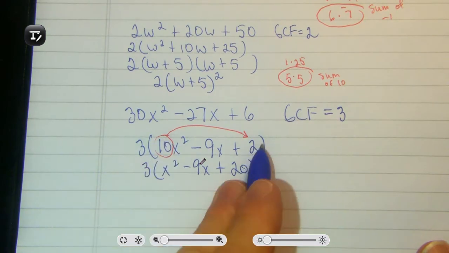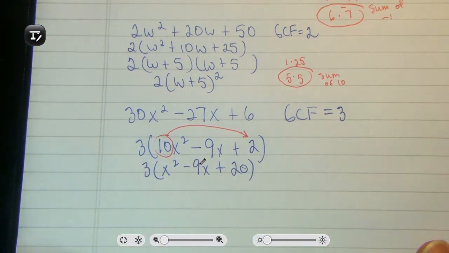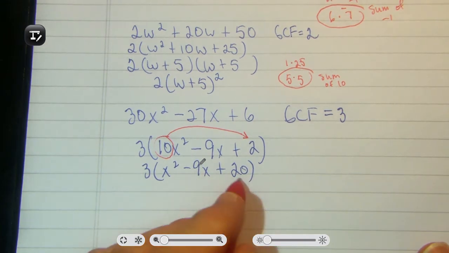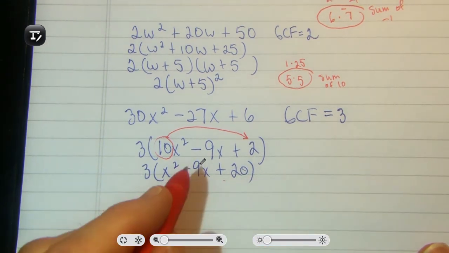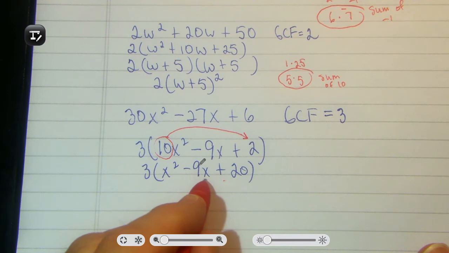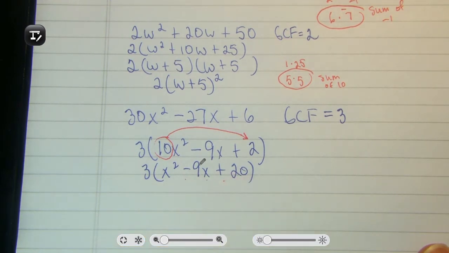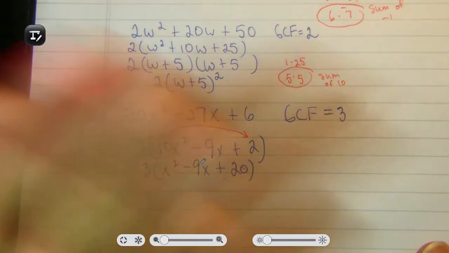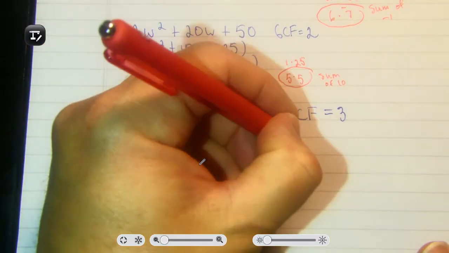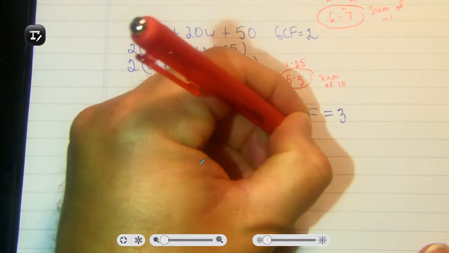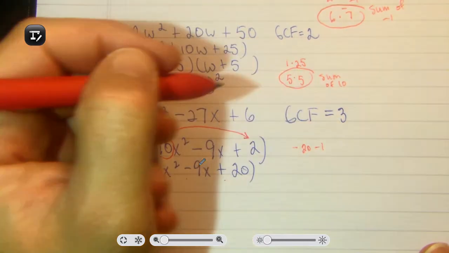Because I multiplied 2 times 10. And so now what I need to know is factors of 20. Now, notice 20 is positive, but my center term is negative, meaning that both factors of 20 are going to have to be negative. So I'm not even writing the positives down, but factors of 20 would be negative 20 and negative 1.